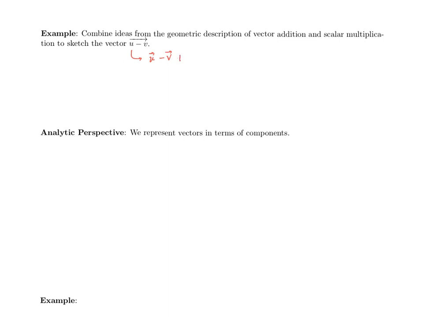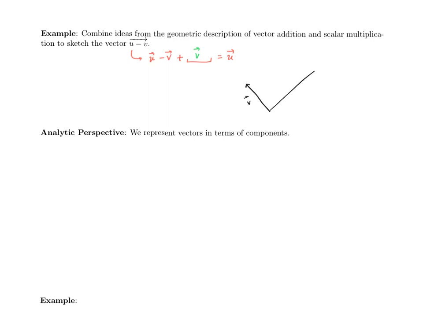And how I'm going to think about this is, what would I have to add to u minus v to get back u? Hopefully what you're thinking is we would need to add v to it. So from a very intuitive perspective, I'm going to think of u minus v as the vector we add to v to get u.